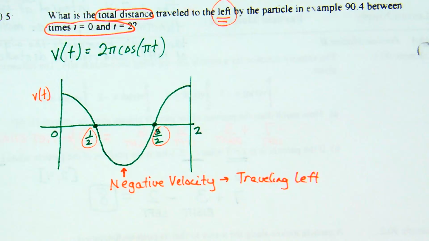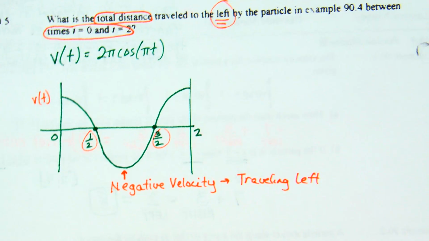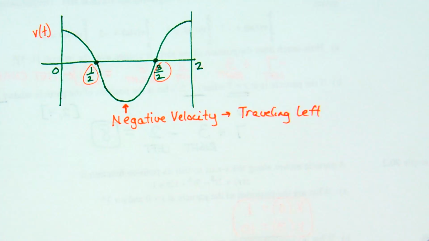Do we know the distance traveled? Not yet. How are we going to find it? Not going to plug them in. We're going to do the integral from 1/2 to 3/2 because we're trying to find that elapsed distance there.